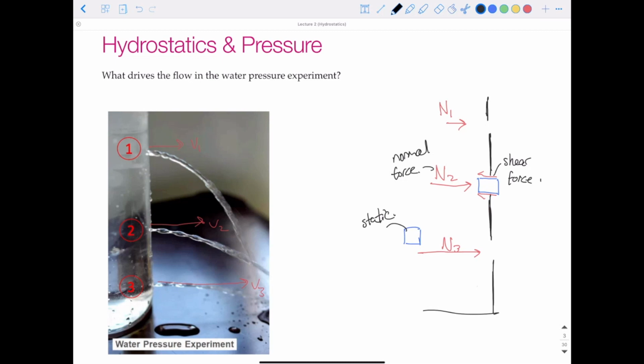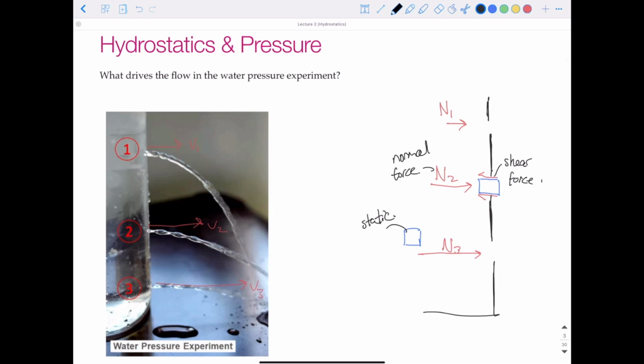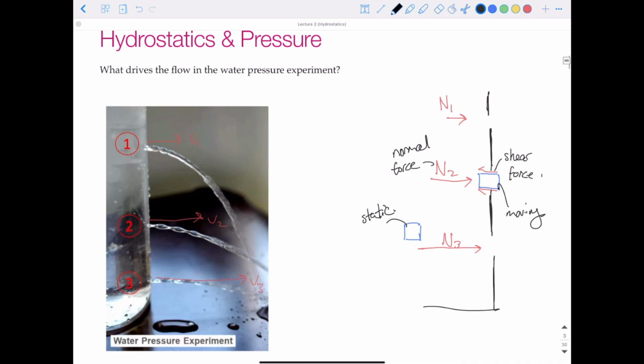And it has some pressure P. And then the fluid that is moving, it's no longer static, but the force that is created by the pressure is what causes that fluid to leave that body with some velocity.